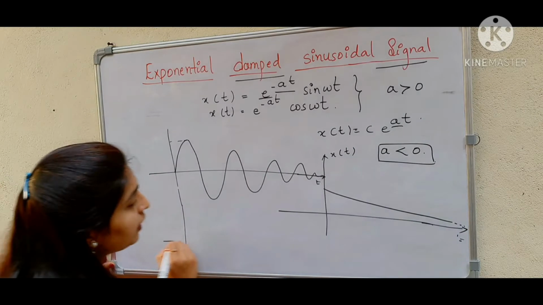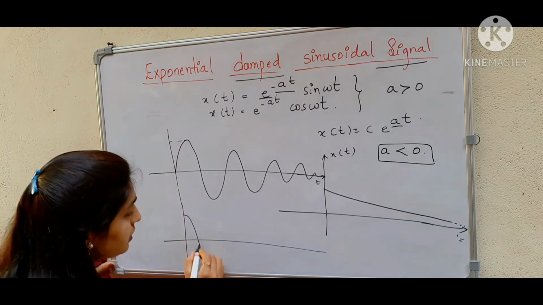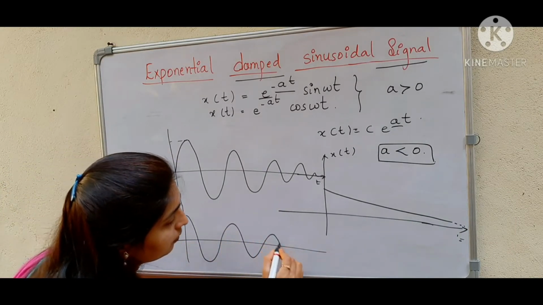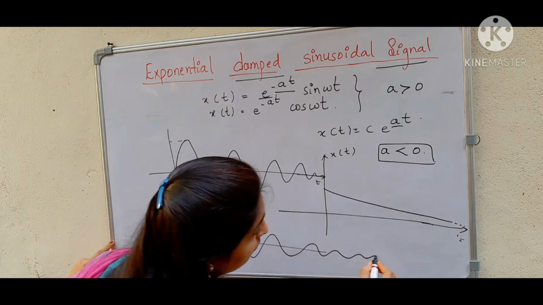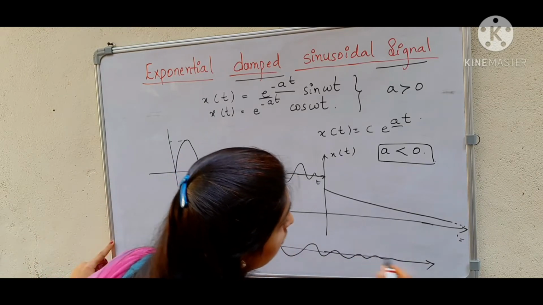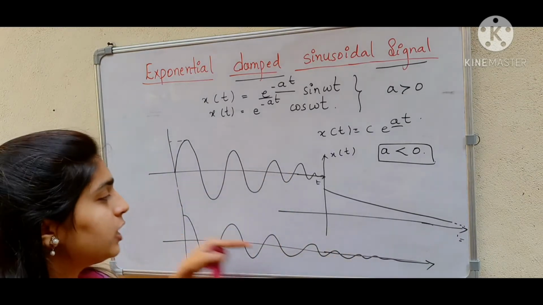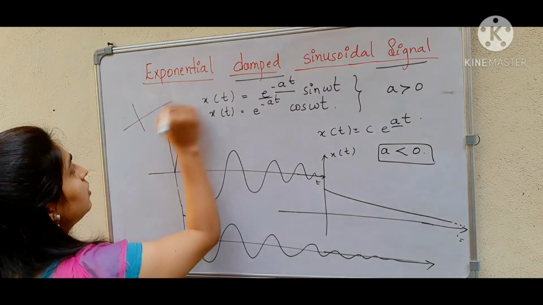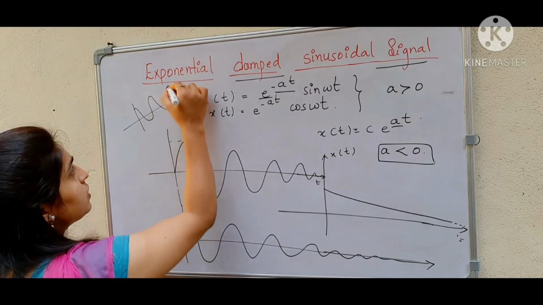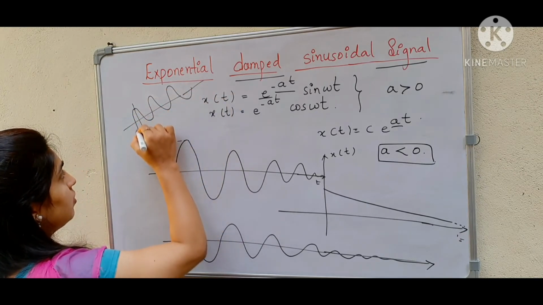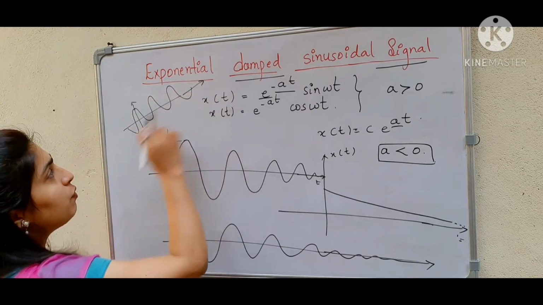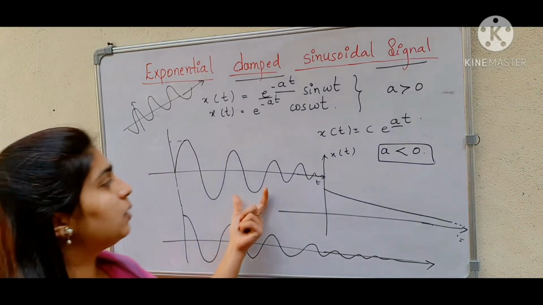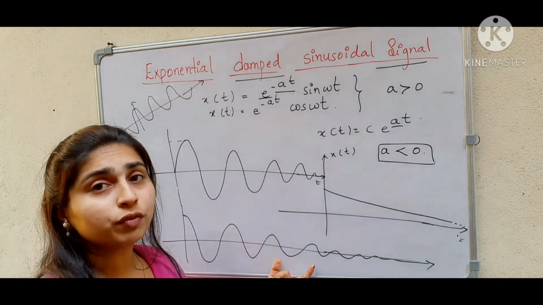This is your exponential damped sinusoidal signal. If I write it in terms of cos, it will be like this. This is the waveform for cos. Now this is in terms of sine, this is in terms of cos.